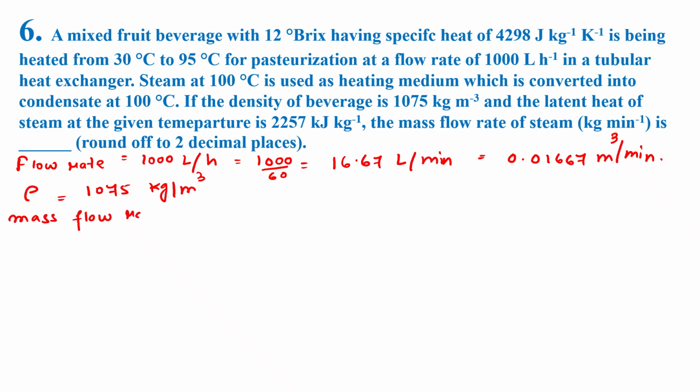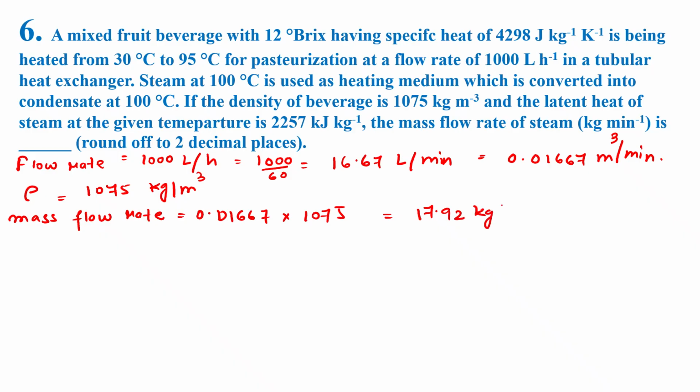So it is density into the flow rate, that is 0.01667 into 1075, which is equal to 17.92 kg per minute.